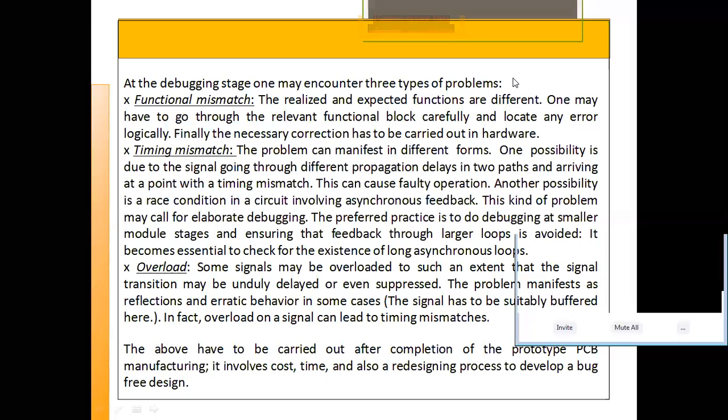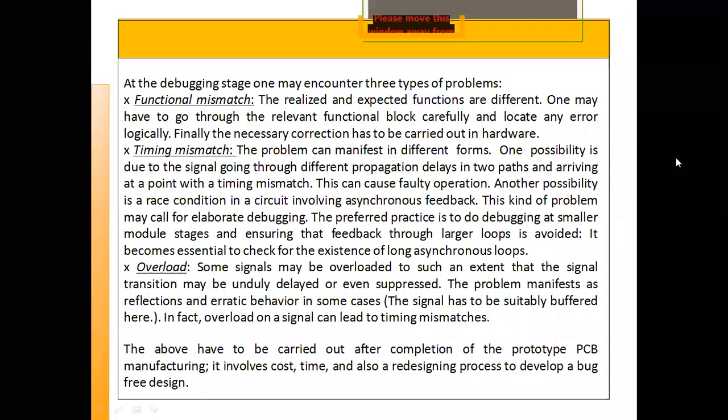Or else we can say there are two signals which have to come at a particular point. One will come earlier and another a little later with some delay. So this may cause timing mismatch.